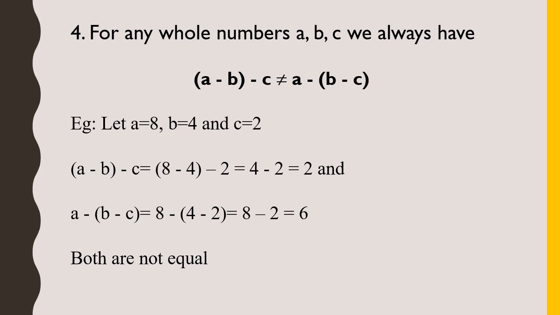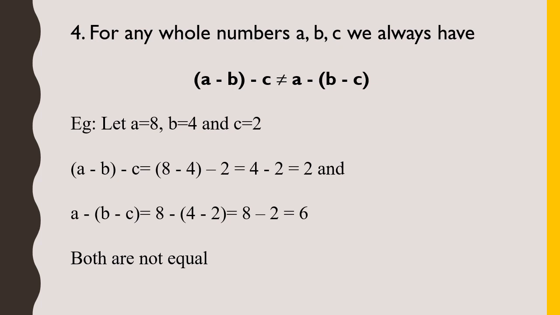We have three numbers: a is 8, b is 4, and c is 2. First we solve the left hand side, a minus b in brackets and then subtract c. 8 minus 4 is 4, and then we subtract 2 from it, and the answer is 2. So the LHS answer is 2.